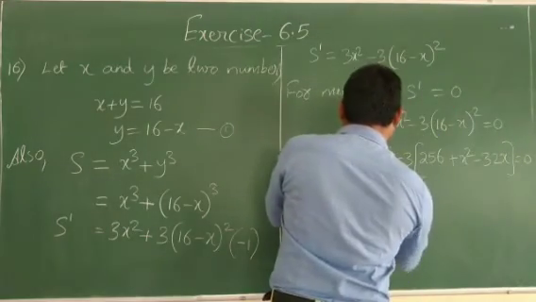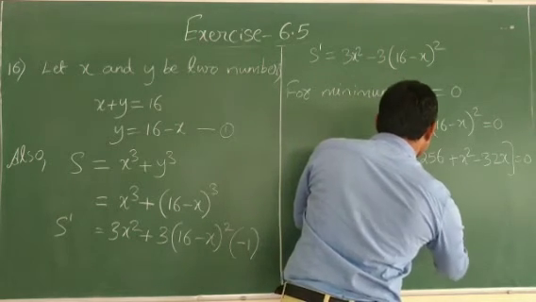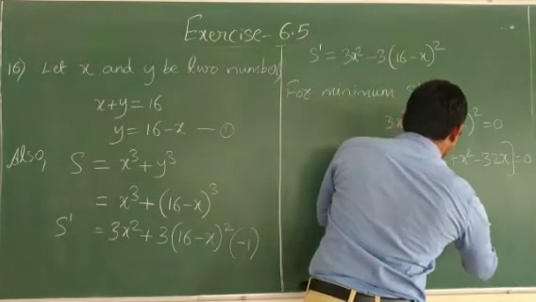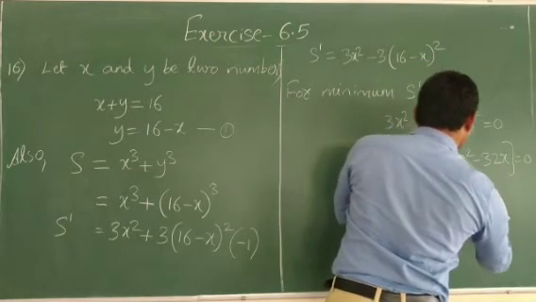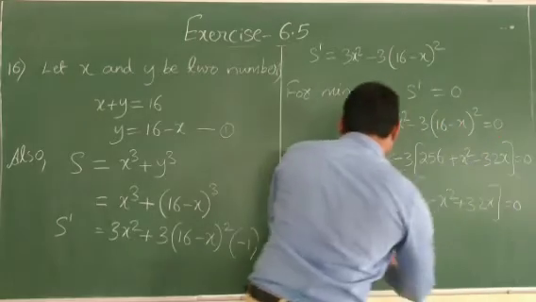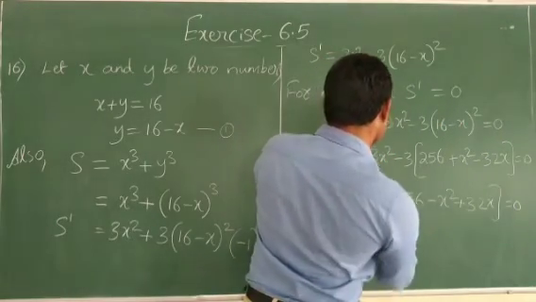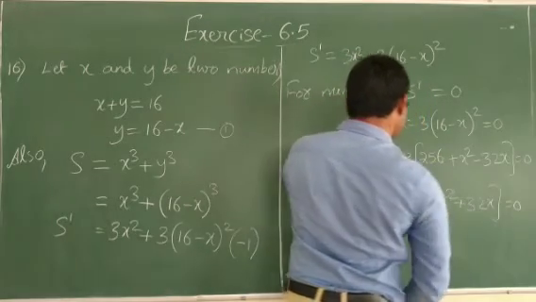From this we can take 3 common. We get x square minus 256 minus x square plus 32x is equal to 0. The x square will be cancelled.